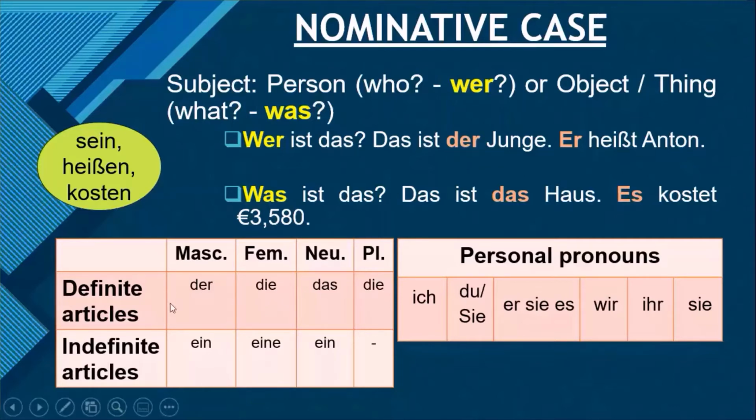So this definite article that each noun has, der, die, das, and die in plural, are actually the English the. So the English the can have these forms in the German language depending on the gender of the nouns.